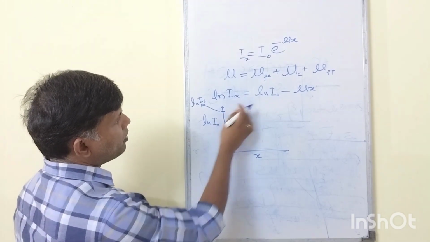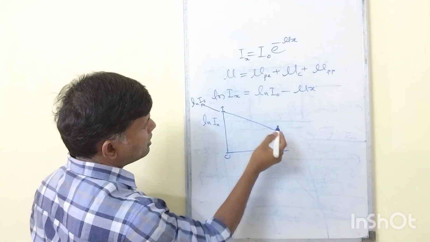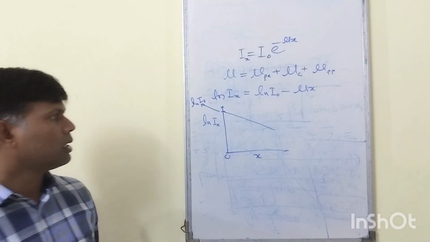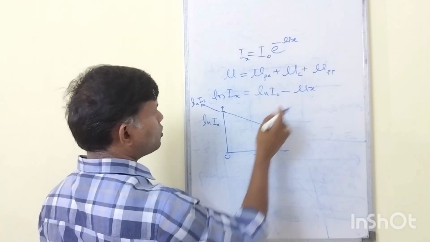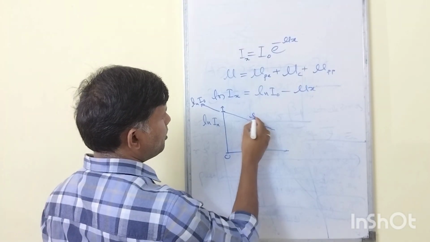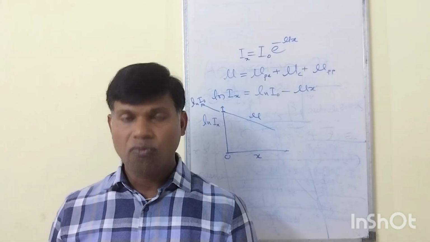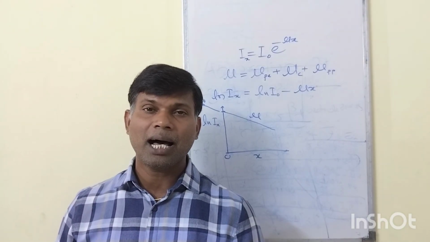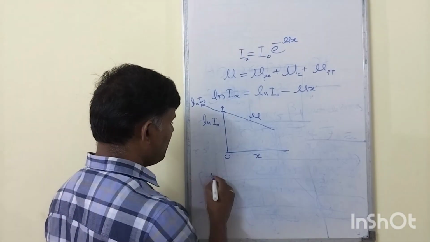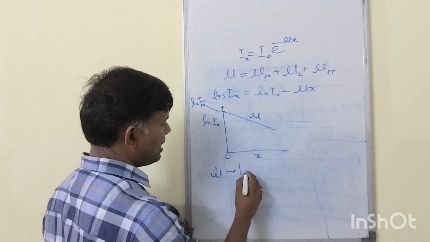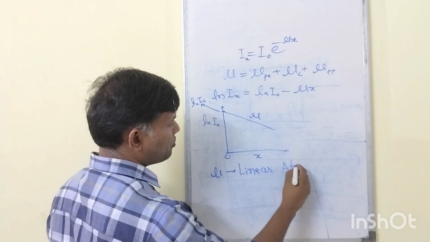Now the graph looks like this. It is a straight line with a negative slope. What is the slope? Slope is mu. From the graph you can find out what mu is. Mu is the linear attenuation coefficient.